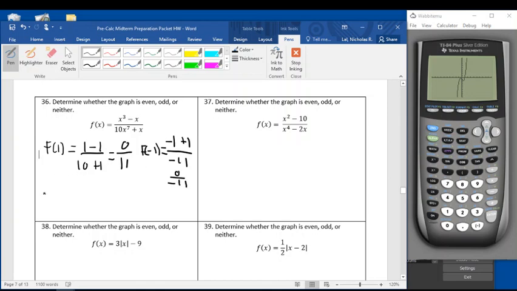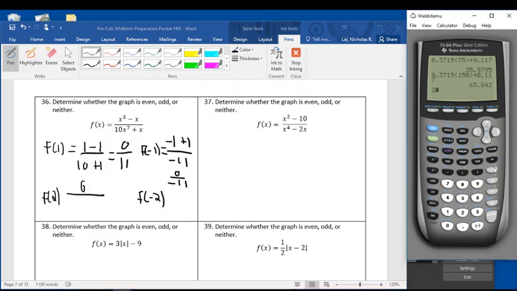Now let's do f of 2 versus f of negative 2. This would be 8 minus 2, which is 6, over 2 to the 7th times 10, 1280, plus 2, so it would be 6 over 1282. Versus f of negative 2 would be negative 2 cubed is negative 8.